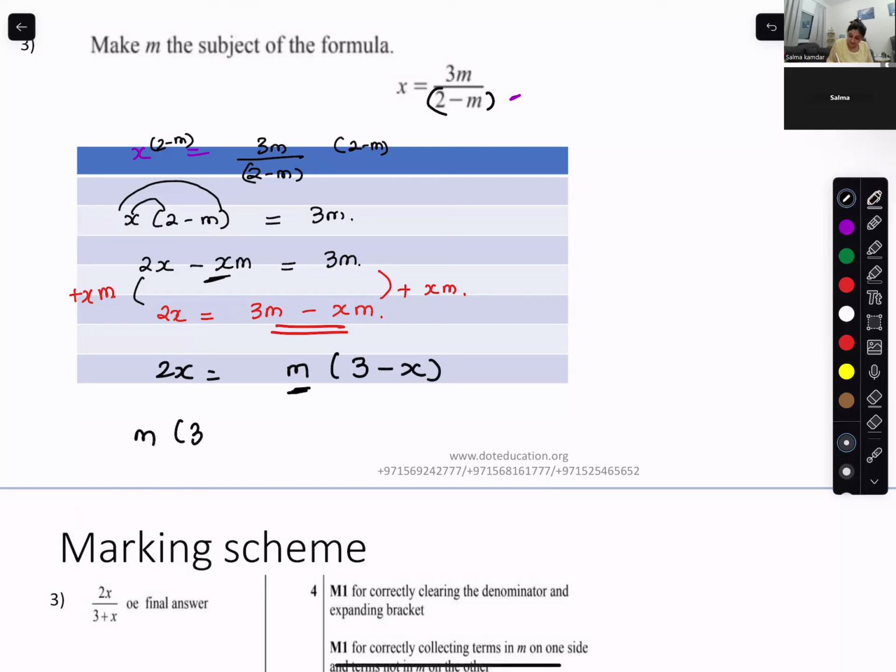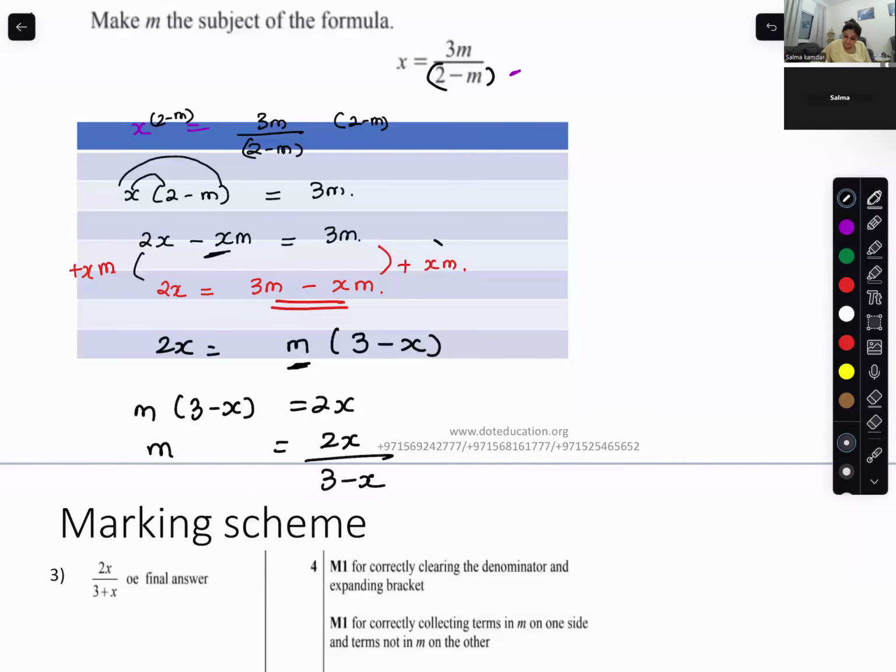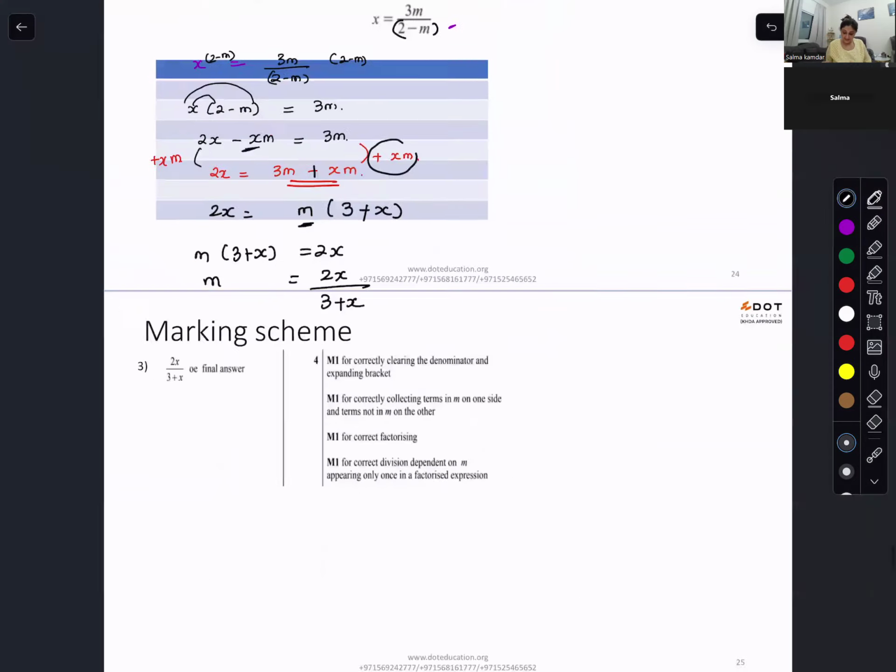So this will become m times 3 minus x is equal to 2x. So m will be 2x over 3 minus x. I have to add xm. So m is equal to 2x over 3 plus x.